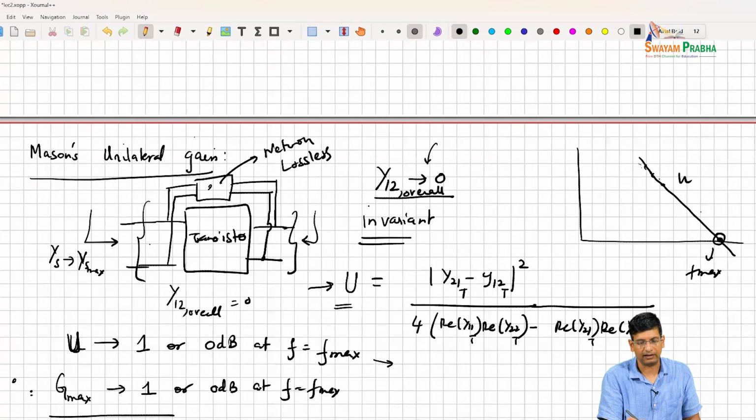And once you make y12 0 in the network, the k minus square root of k squared minus 1 also has a y12 parameter in it, so that y12 sort of cancels, and you do have a finite gain that you can get out of the system, which is the unilateral gain. Does that make sense?